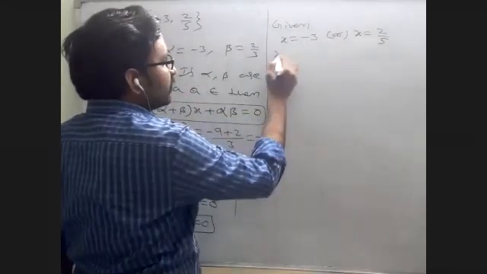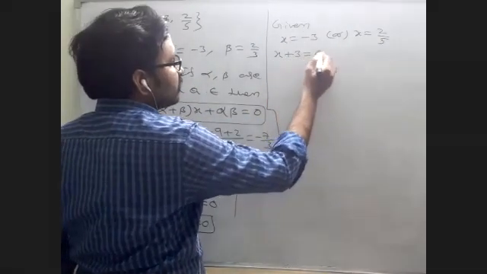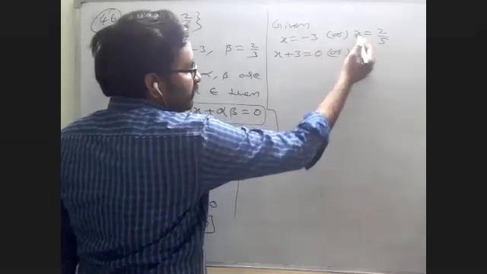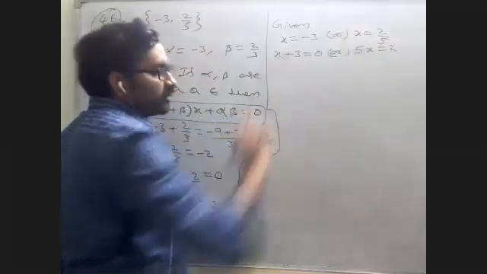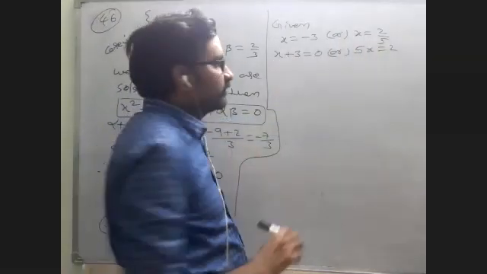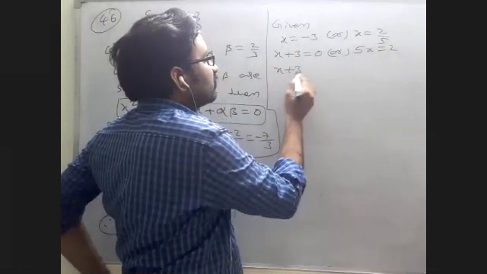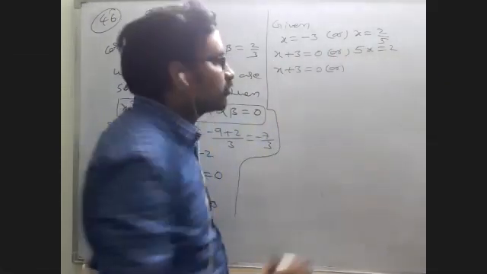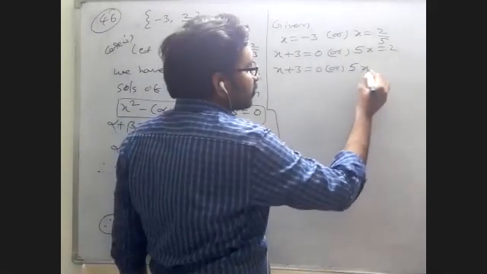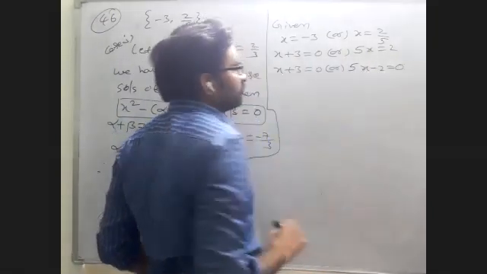Now x plus 3 equals 0, or taking 5 to this side, it becomes numerator, so 5x is equal to 2. Then x plus 3 equals 0 as it is, or taking 2 to this side it will be minus 2, so you get 5x minus 2 equals 0.